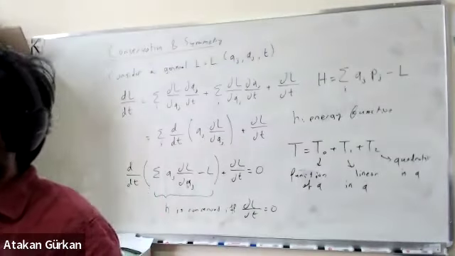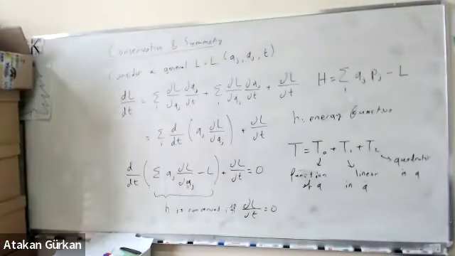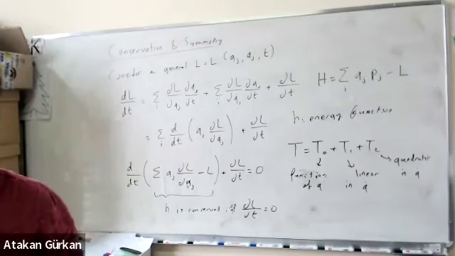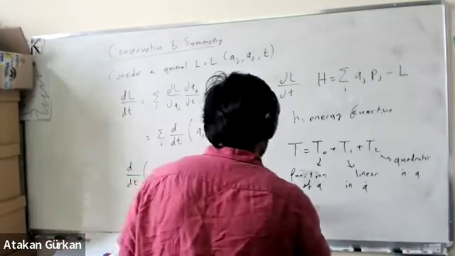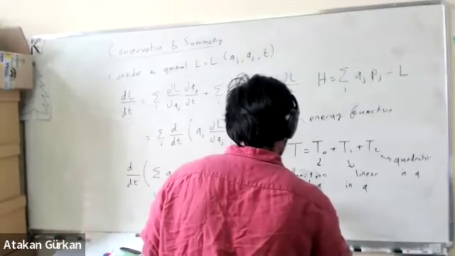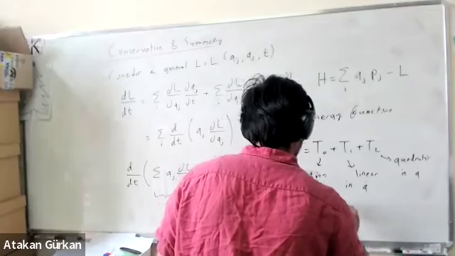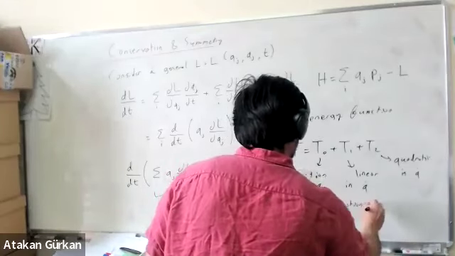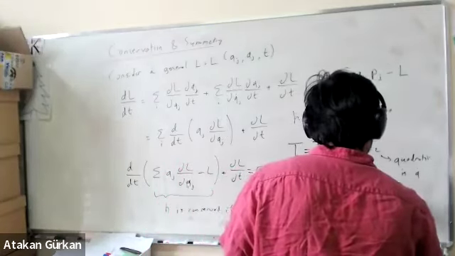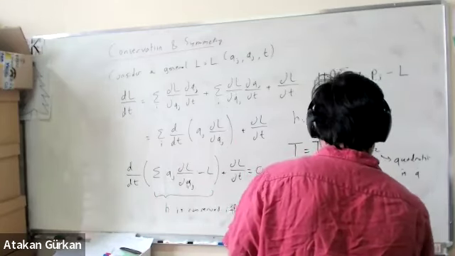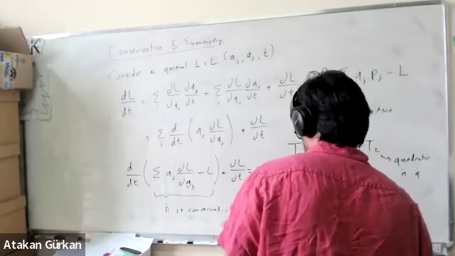It's always going to be a homogeneous quadratic function in the generalized velocities. This is not obvious, but this is something that we are just going to take. So for our problems, if the transformation is independent of time, then T is equal to T2.